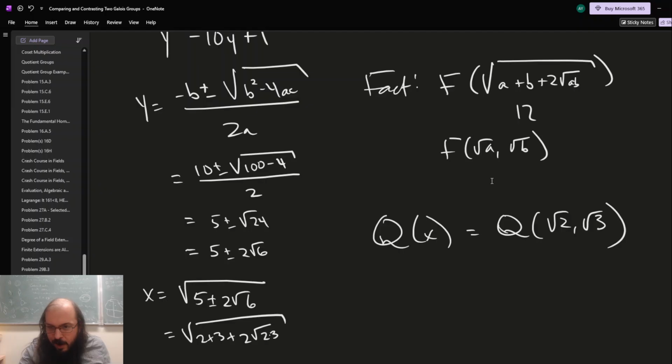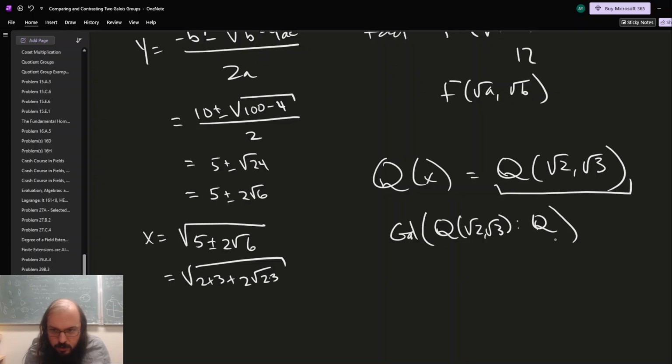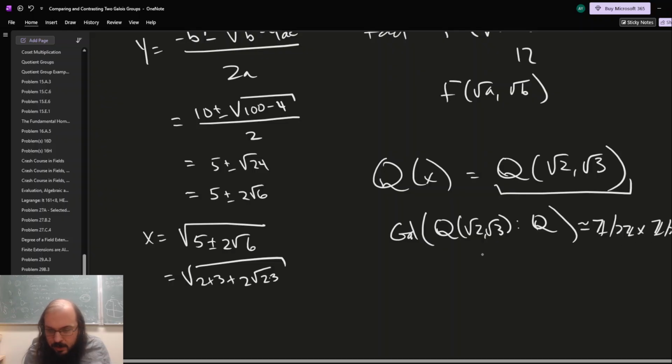So now our field theory knowledge comes to save the day. And we know this field, right? We know its Galois group, the Galois group of Q adjoin these two elements over Q. We saw it last video. It's Z mod 2 cross Z mod 2, with two independent automorphisms, right?